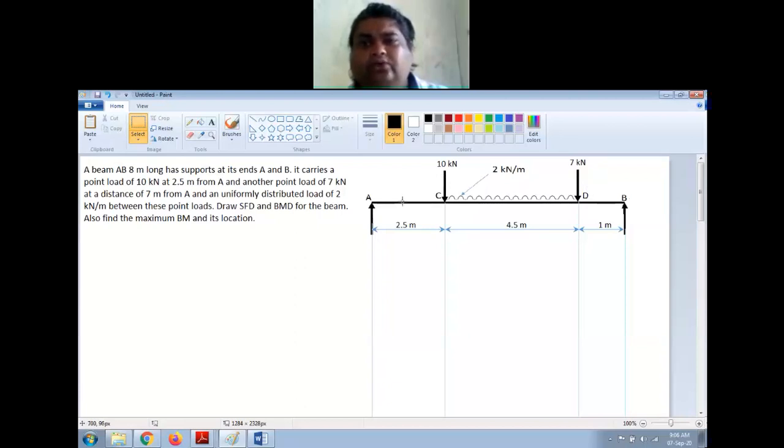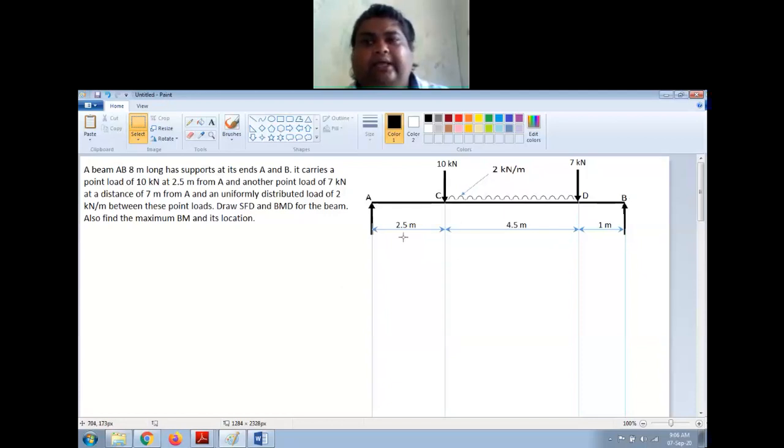The floor has weight, self weight, because of which you have a uniformly distributed load here, and the wall is causing a point load at this point and this point, and these are the two columns supporting this entire beam. You can imagine something like this, right? Now let us try to solve this numerical and draw the BMD and SFD.